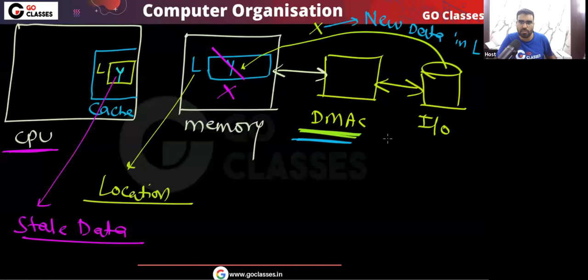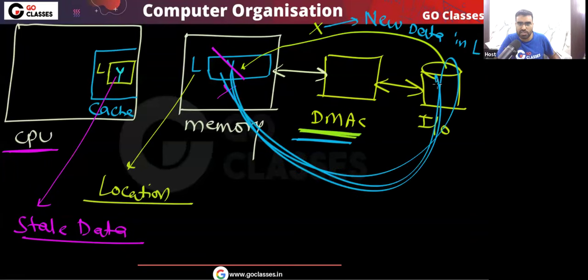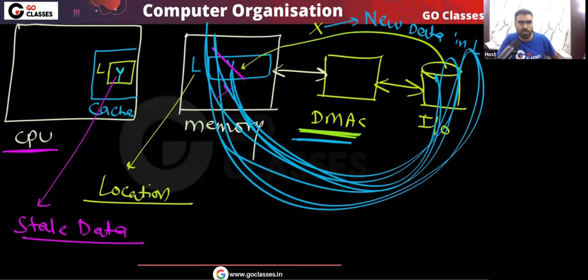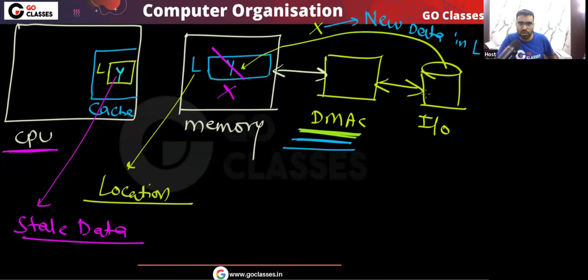Remember, this DMA controller is doing the data transfer between main memory and IO device. So if this DMA controller is writing this new data in location L, now this cache memory still has old data. This is called stale data. So this is one problem. Is this clear? Remember, this is case one, situation one of cache coherence.